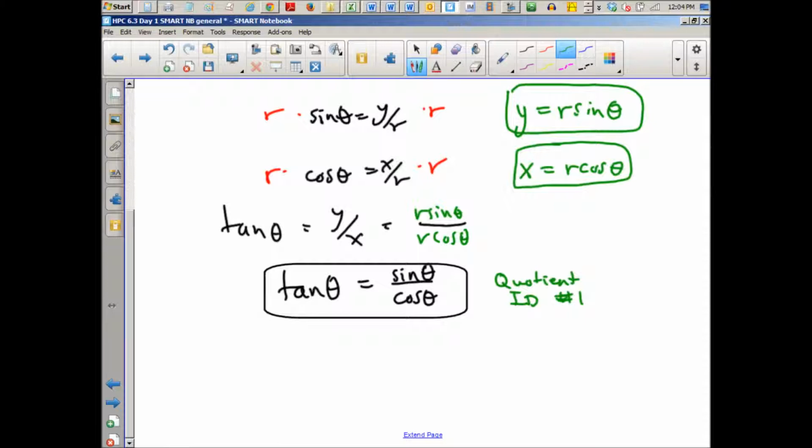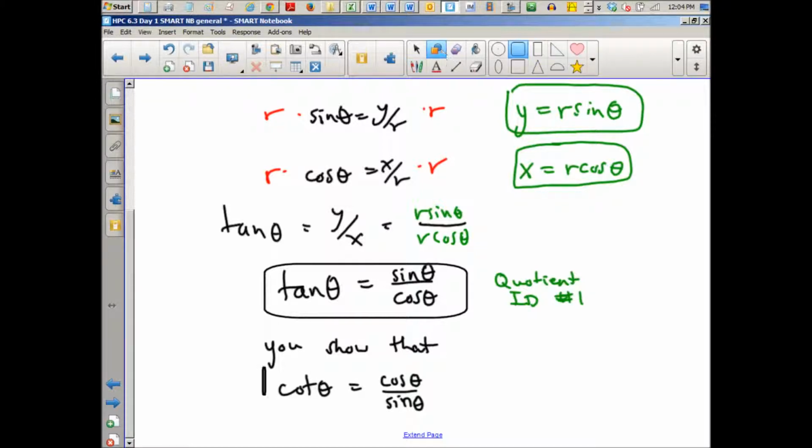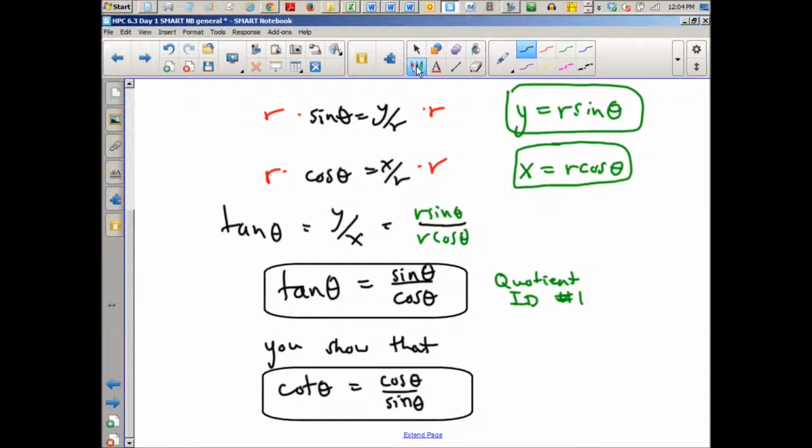I will leave it to you to supply an equally simple proof to show that cotan theta is cosine theta over sine theta. This is quotient identity number 2.